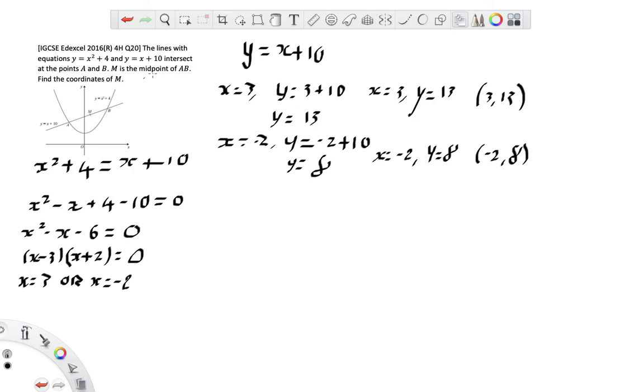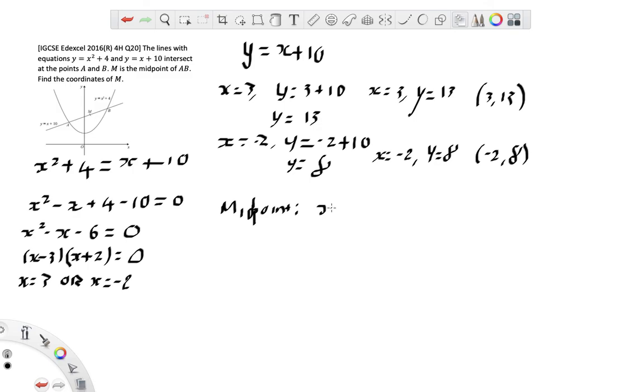Okay, so we're told that M is the midpoint of AB. Find the coordinates of M. How are we going to do that? Well, there is a formula for working out the midpoint, and that is the midpoint between two coordinates.